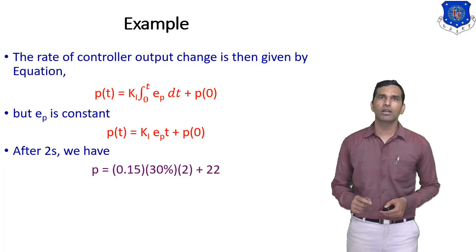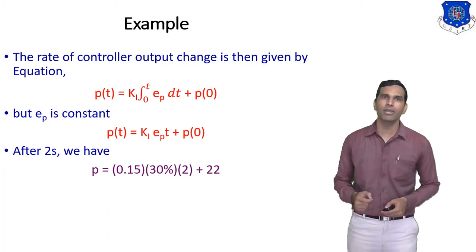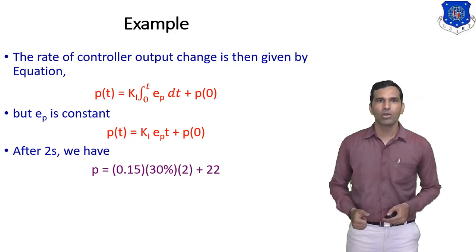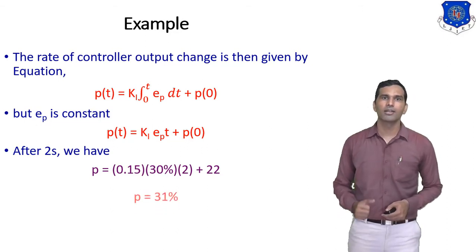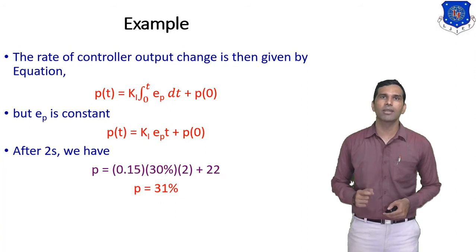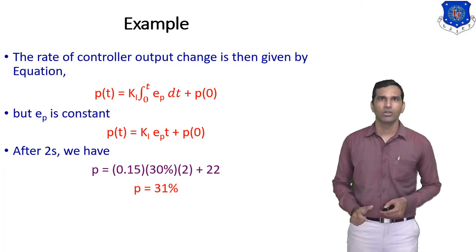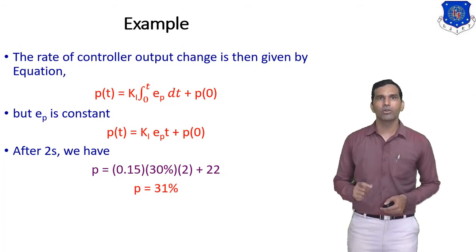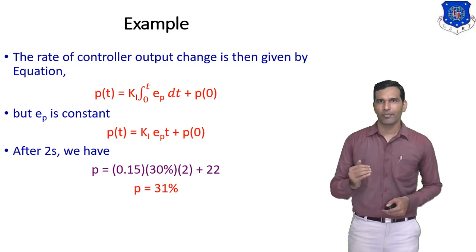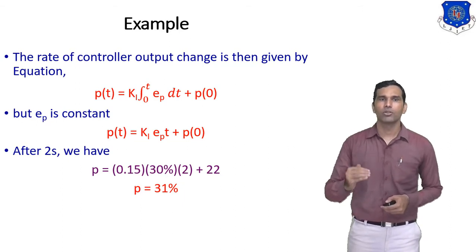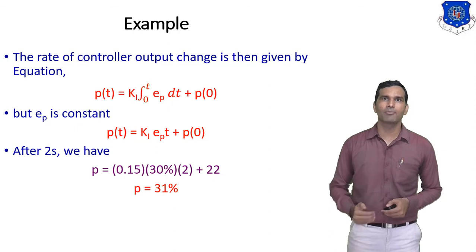So we can find the controller output by substituting the values of Ki, e_p, T and P0. We get the controller output equal to 31%. So this is the output when the rpm jumps, after 2 seconds.